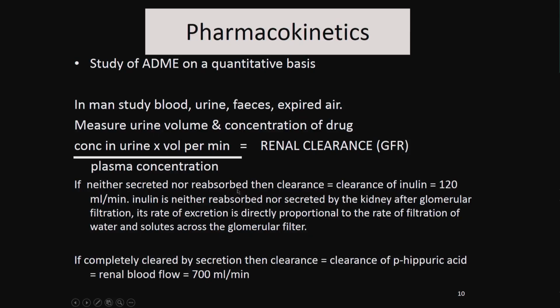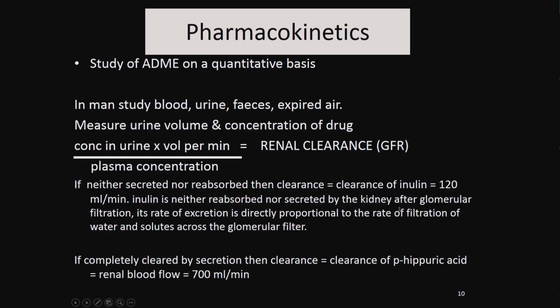If the drug is neither secreted nor reabsorbed, then clearance is equal to the clearance of inulin, which is 120 ml per minute, because inulin is neither reabsorbed nor secreted by the kidney after glomerular filtration. So its rate of excretion is directly proportional to the rate of filtration of water and solutes across the glomerular filter.